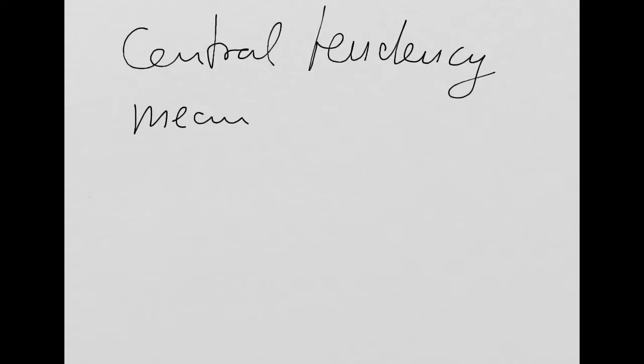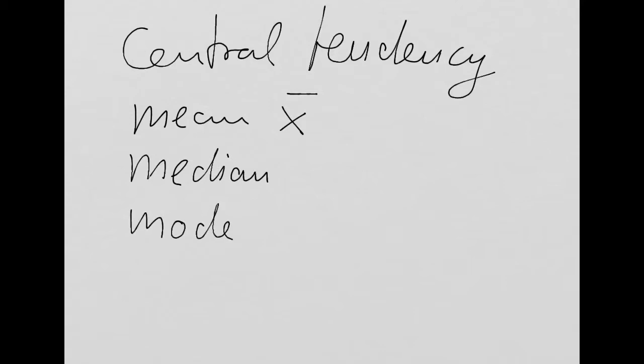There are other types of means, but they are not used that often. We have the median. And we have the mode. The mode usually is the least used of this group, so we don't really need to worry about it.